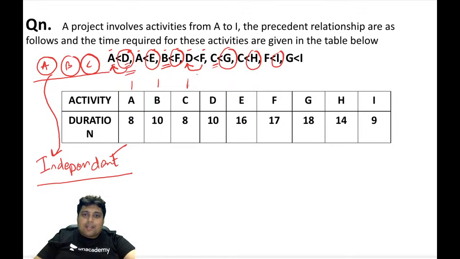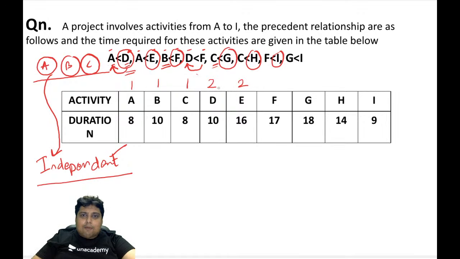Now let's move on to activity D. As you can see, activity D depends on A. So it has to be after A. So if activity A has been allotted first rank, then activity D is after A, we will allot it second rank. Then comes activity E. Activity E again depends on A. So if A is first rank and E should be after A, then E should also be second rank.